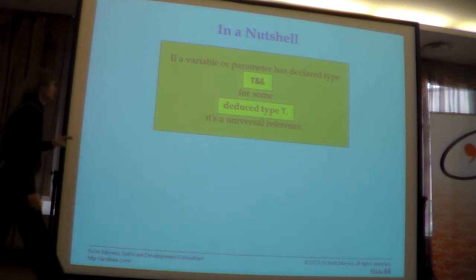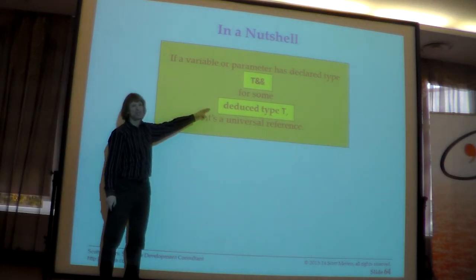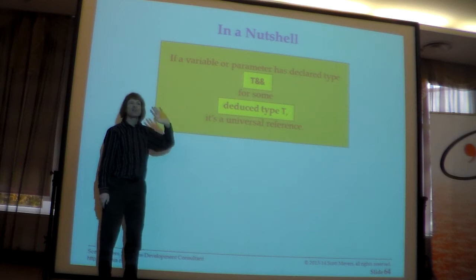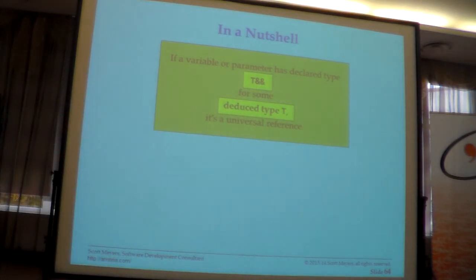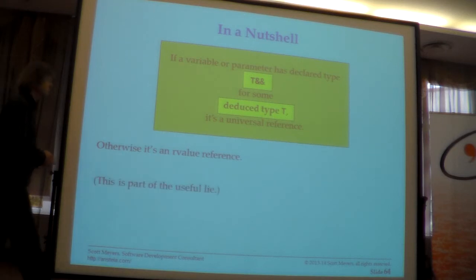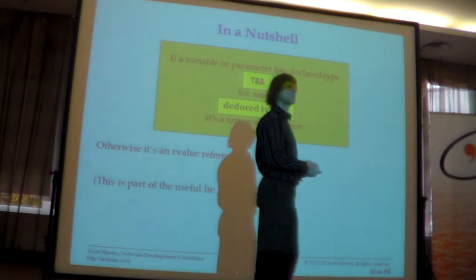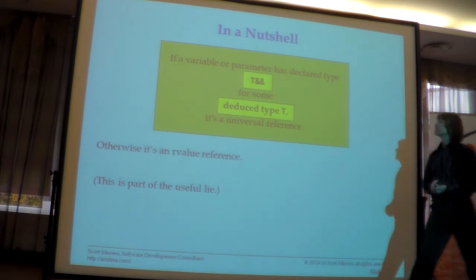And there has to be type deduction. If there's no type deduction, there's no universal reference. So, if you see T&& and you have type deduction, you have a universal reference. Otherwise, it's just an R-value reference. I'm still lying to you. We'll get to the truth eventually.